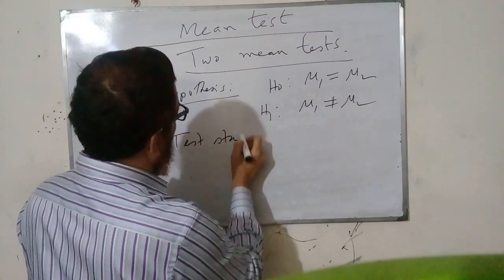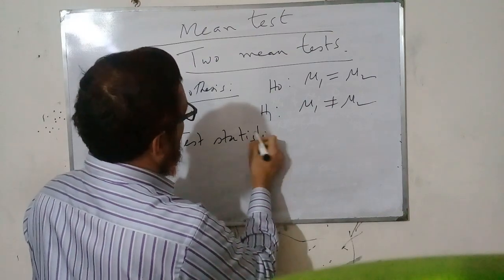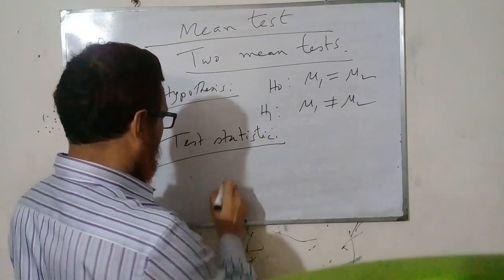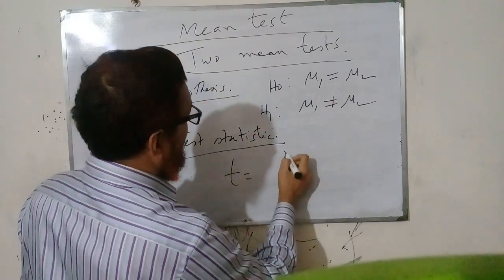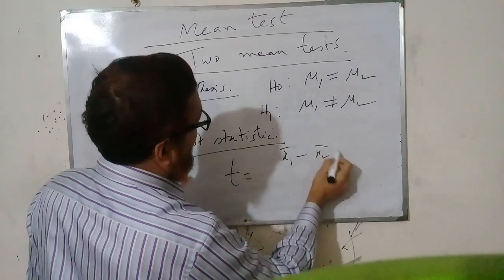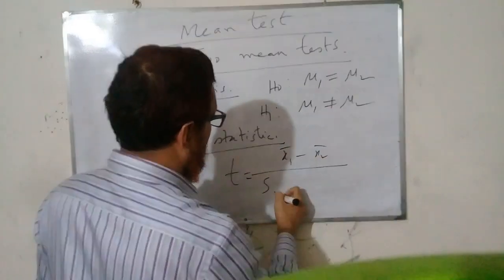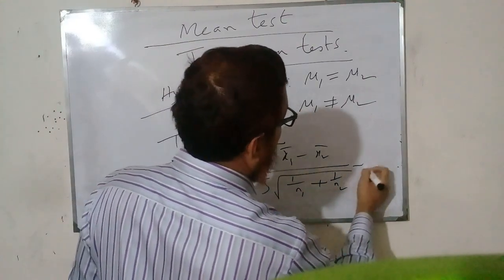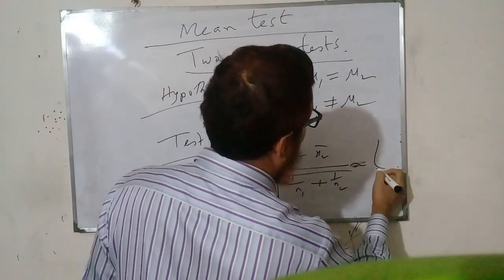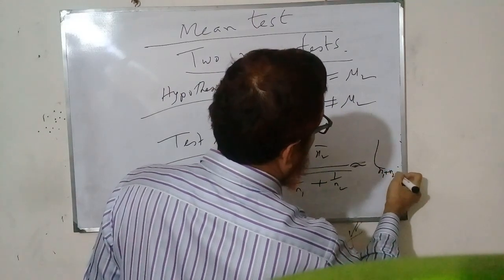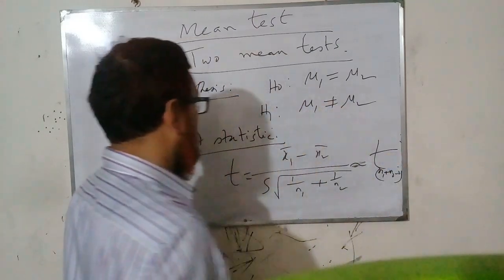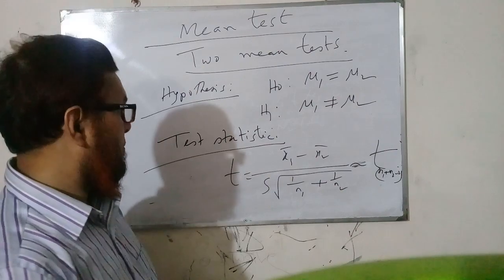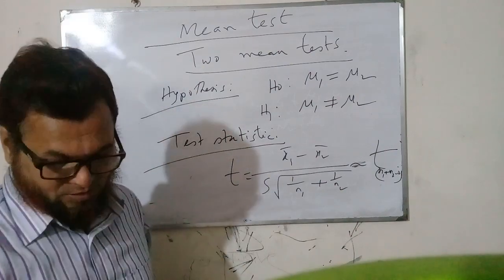Test statistic: the appropriate statistic is t equal to x1 bar minus x2 bar divided by s root over (1 by n1 plus 1 by n2), which follows t with n1 plus n2 minus 2 degrees of freedom.